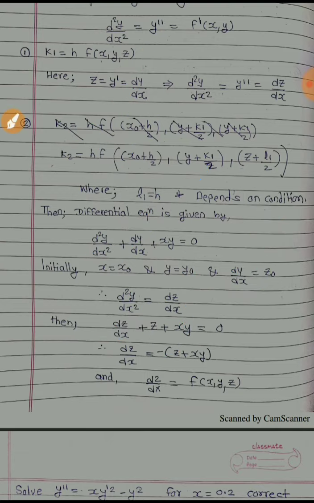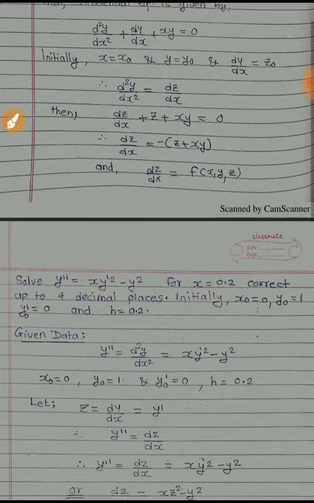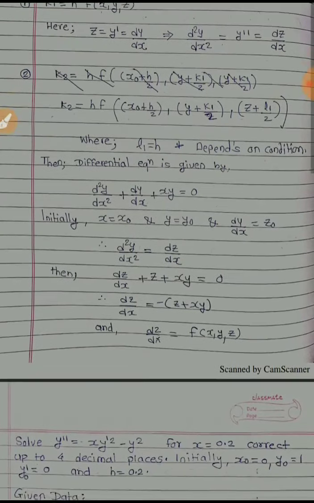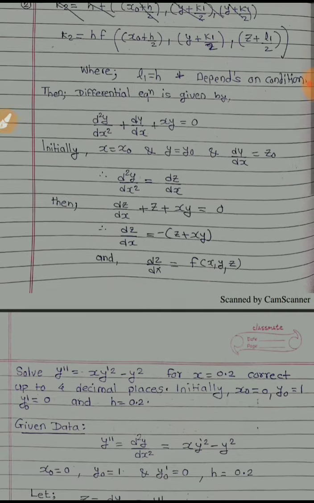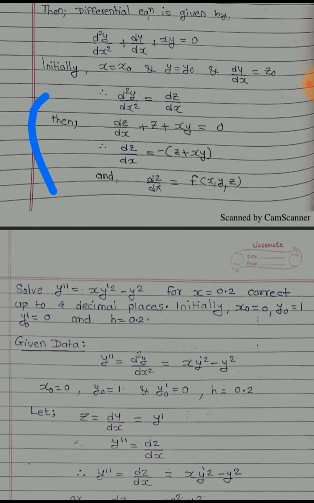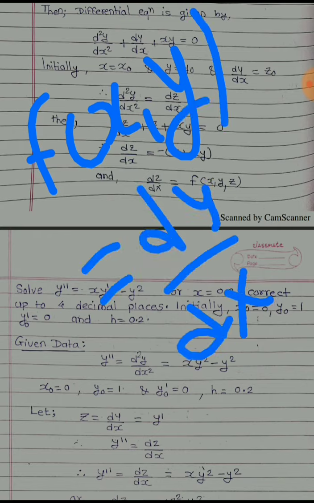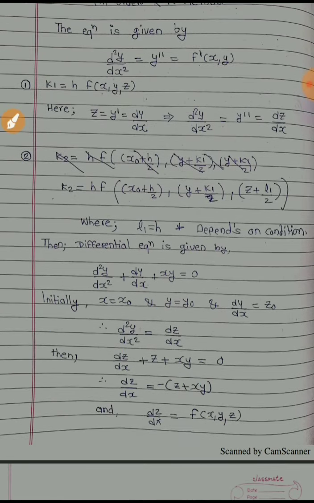If you remember, in previous first order equations, if you go through my videos, we have written f of x y is equals to dy by dx. This dy by dx is nothing but y dash. So if I am taking f dash of x y, that is y double dash, and that is nothing but d square y by dx square. So same thing friends is mentioned here.